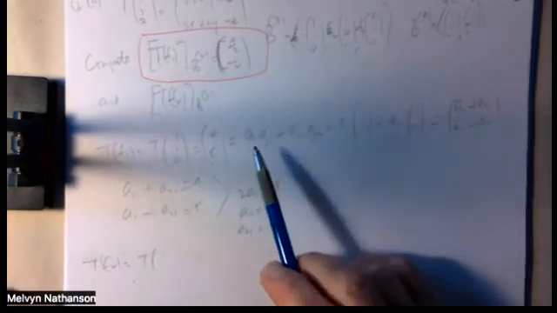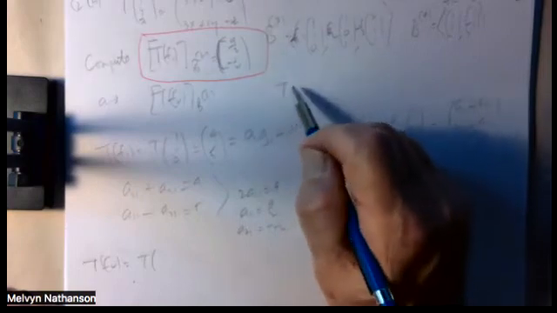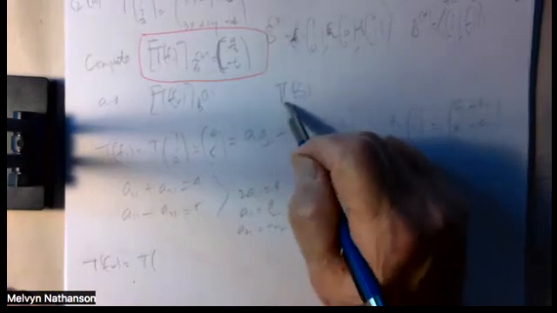I found that. What is T of F2? Oops, sorry. I also need T of F3. Need all 3 of them.